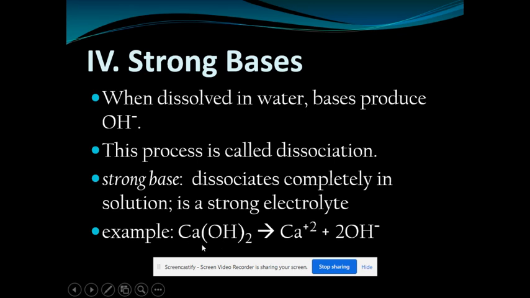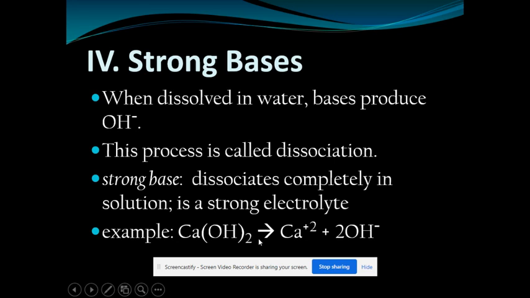When calcium hydroxide is dissolved in water, it splits into the calcium ion and 2 hydroxides. I hope you remember from 2 weeks ago that that 2 is there to balance the equation. Even though these look weird, they still have to be balanced. 2 hydroxides on the right for 2 hydroxides on the left. But this is a strong base because it makes tons and tons of hydroxide ions when it dissolves in water.